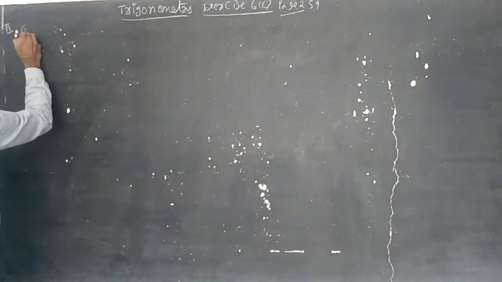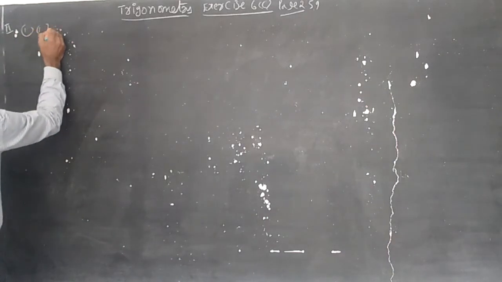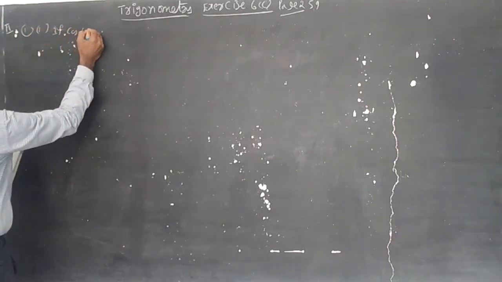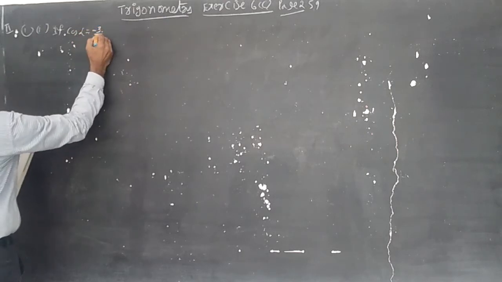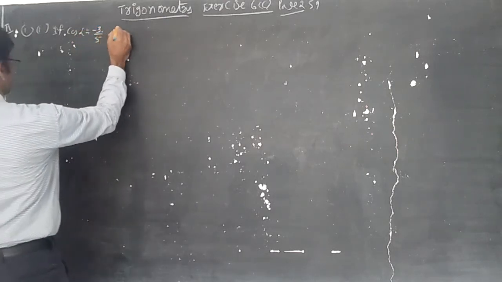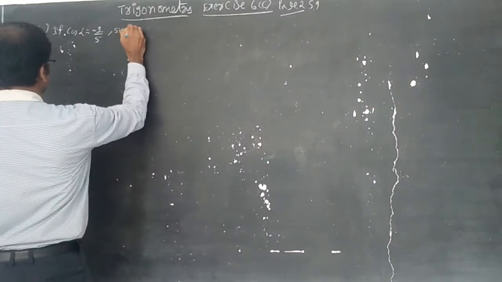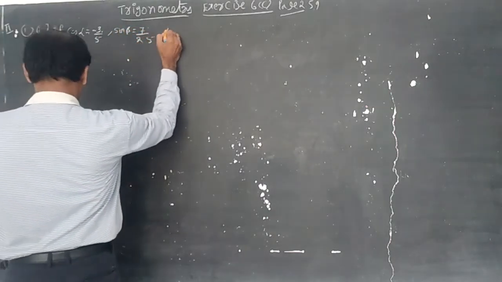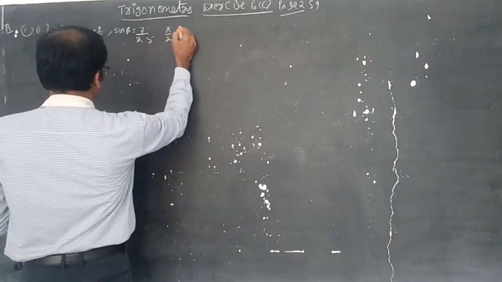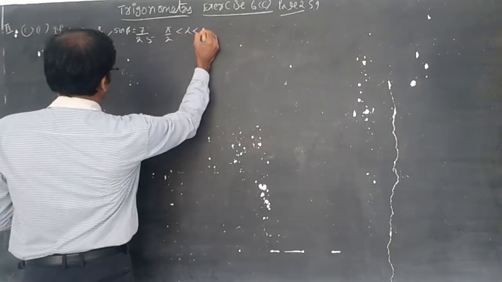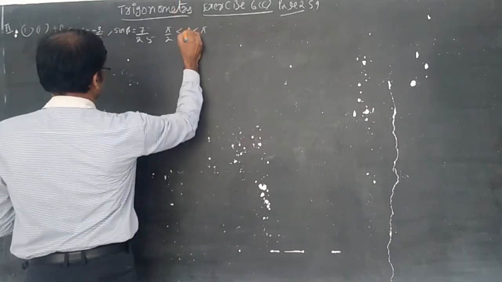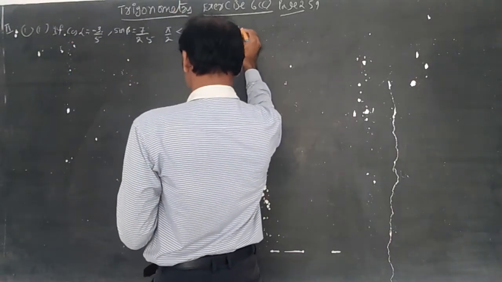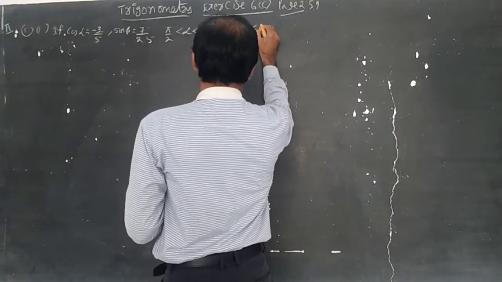Roman number 2, first question. If cos alpha is equal to minus 3 by 5, sin beta is equal to 7 by 25, pi by 2 less than alpha less than pi, 0 less than beta less than pi by 2.